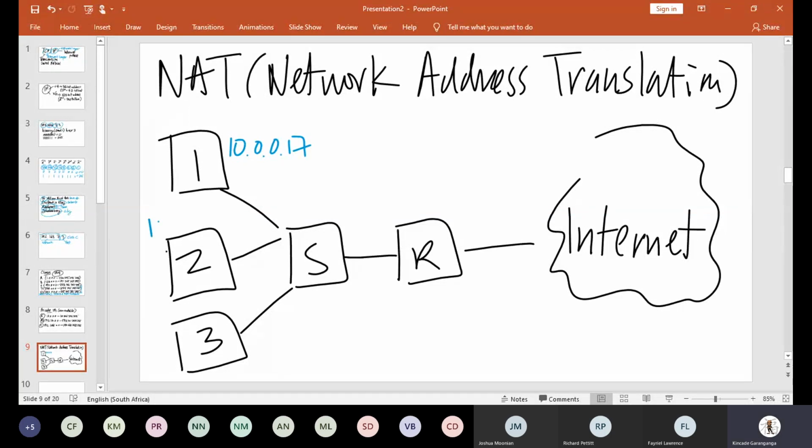For the second one, probably 10.0.0.23. For the last one, maybe 10.0.0.8. Our switch is sitting at 10.0.0.3, and our router is also sitting at 10.0.0, maybe let's say .1. So these are private addresses, as you can see.